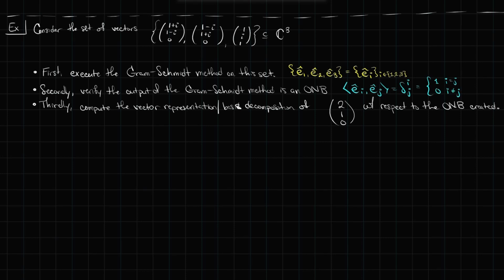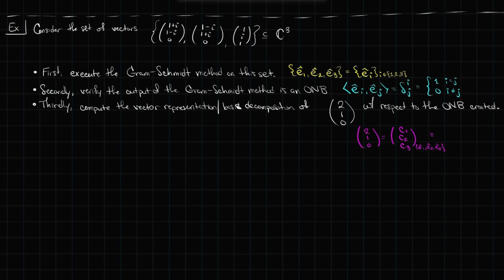And then in step 3, this (2, 1, 0), we're going to write it in the form (c1, c2, c3) for some collection of constants with respect to the basis that we create.